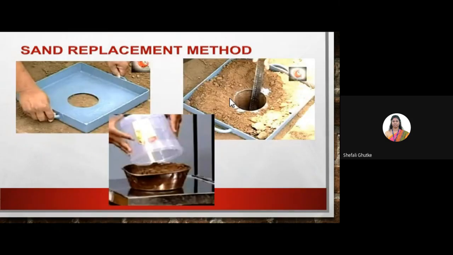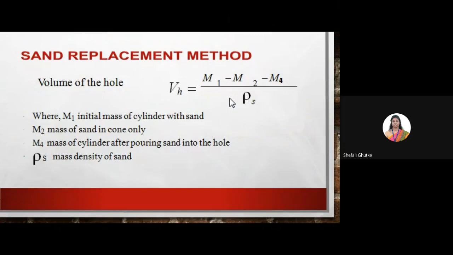After that, we will find the volume of the hole. So, volume of the hole, represented as Vh, is equal to (M1 minus M2 minus M4) divided by rho s. Okay. So, M1 is again the initial mass of the cylinder with sand. After finishing the first procedure, we will again fill the sand into the calibrated cylinder and weigh it as M1.